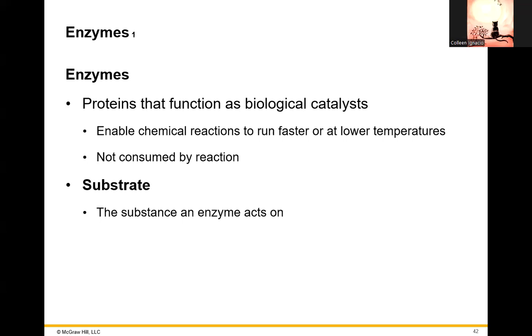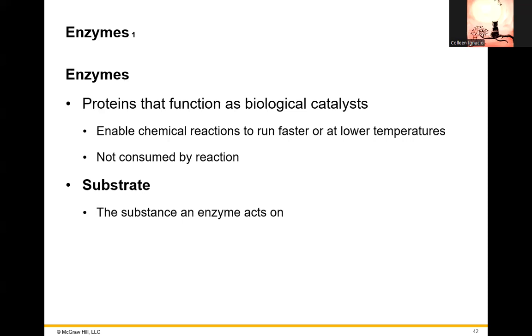And the enzyme actually acts on a substrate. So every enzyme doesn't just act on any particular thing. They have one particular substance that they can actually act on. And so the enzyme will actually bind to that substance, and that is called a substrate enzyme complex.